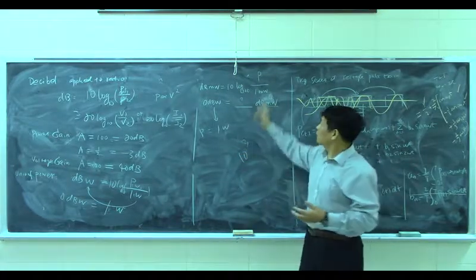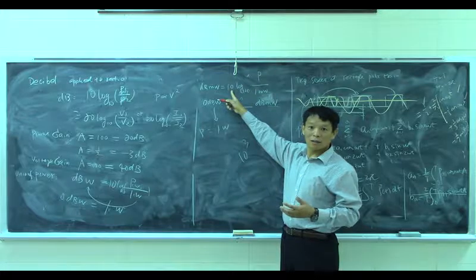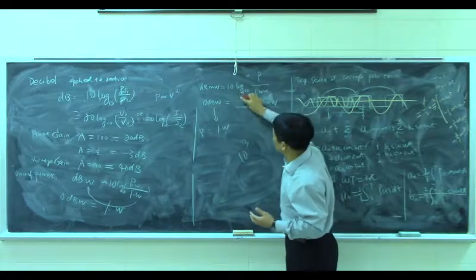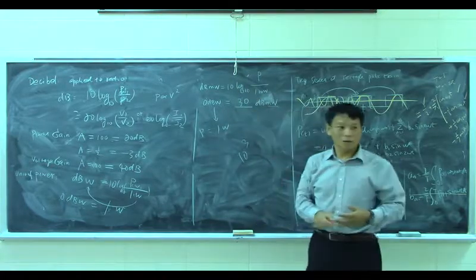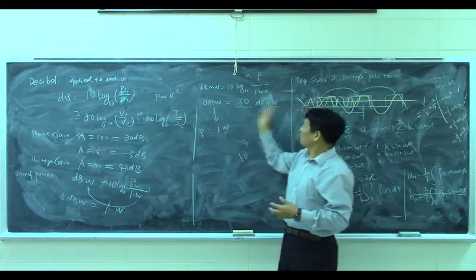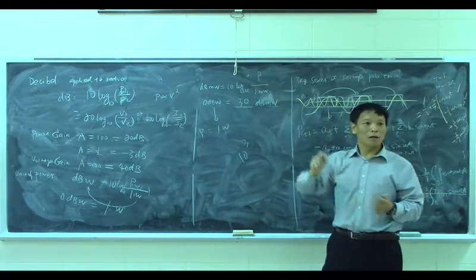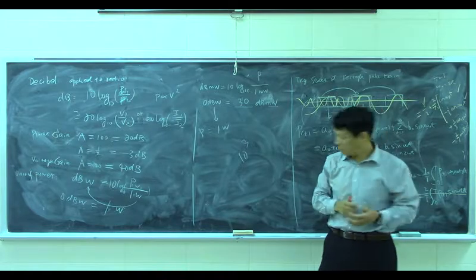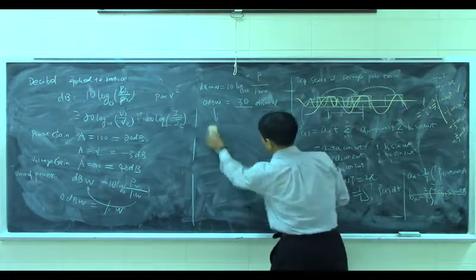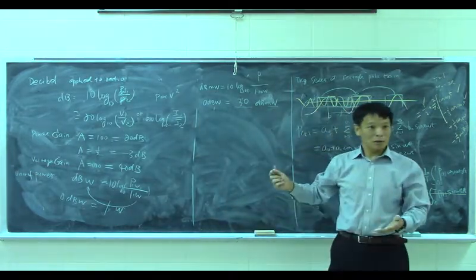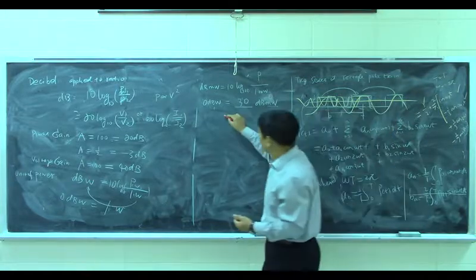Times 10 equals 30. So 0 dB watt equals 30 dB milliwatt. Is it good? Alright, now let's continue.